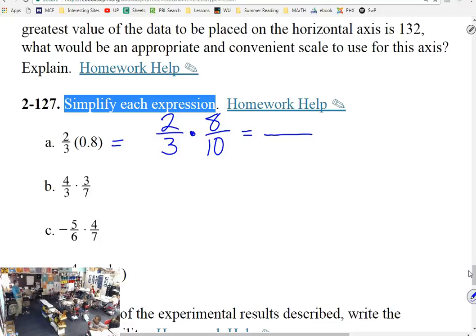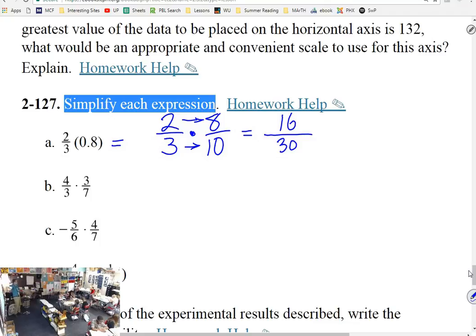How do I multiply a fraction with a fraction? Not Patrick, not me. Somebody I haven't really talked to today. How do I multiply fraction with fraction? Straight through, right? Across the top and across the bottom. 2 times 8? 3 times 10?